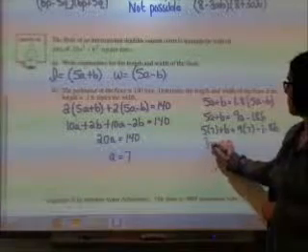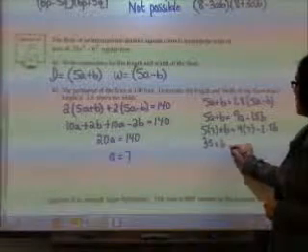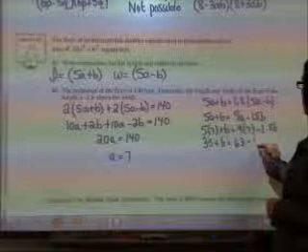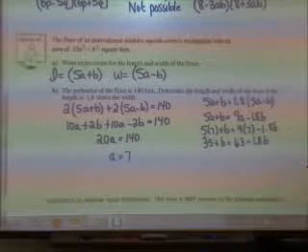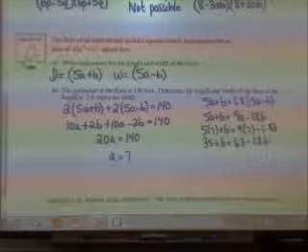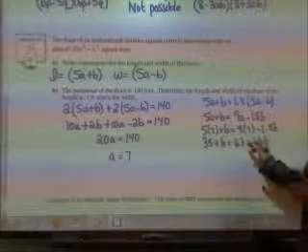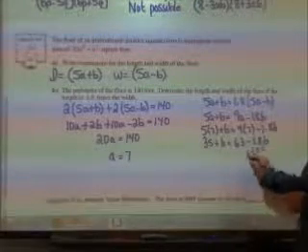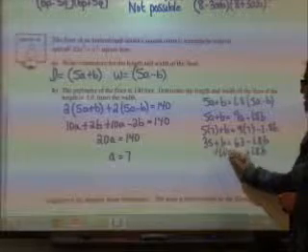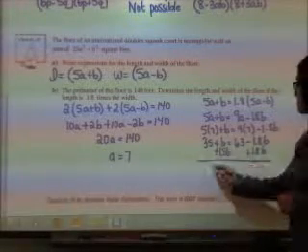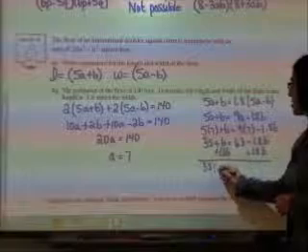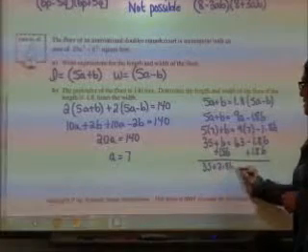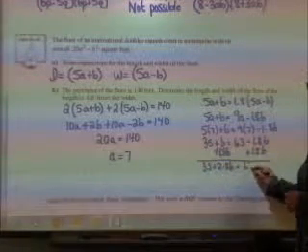And I get 35 plus B equals 63 minus 1.8B. I want to put the B's on one side, so I'm going to get rid of this negative 1.8 by adding 1.8 to each side. Okay, 35 plus 2.8B equals 63.